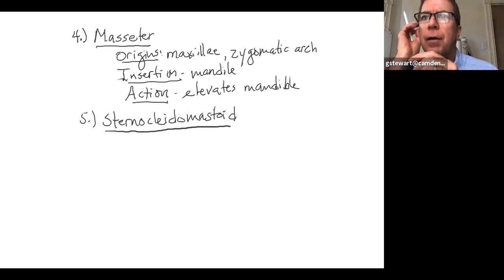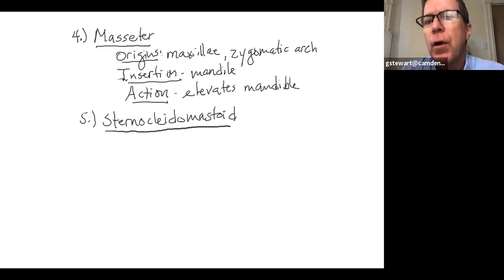Remember, one of our criteria is location of origins and insertions. The sternum and clavicle are the locations of the origins, and the mastoid process on the temporal bone is the location of the insertion.